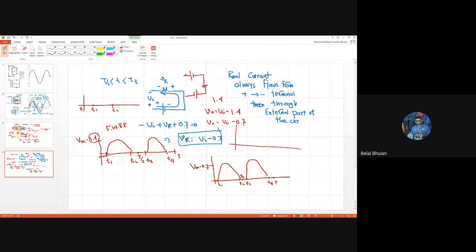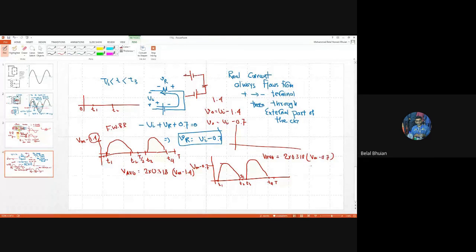So it takes twice as much time to turn on here, and correspondingly the output voltage is higher. So that means V DC, the V average, is 2 times 0.318 times Vm minus 1.4 for the full wave bridge rectifier, and V average equals 2 times 0.318 times Vm minus 0.7 for the other.